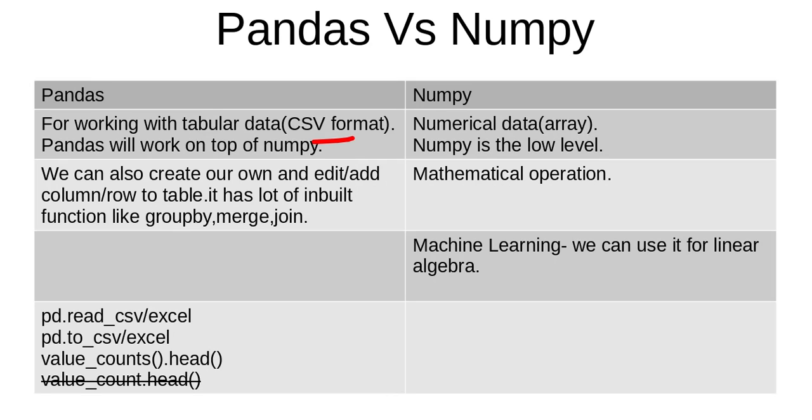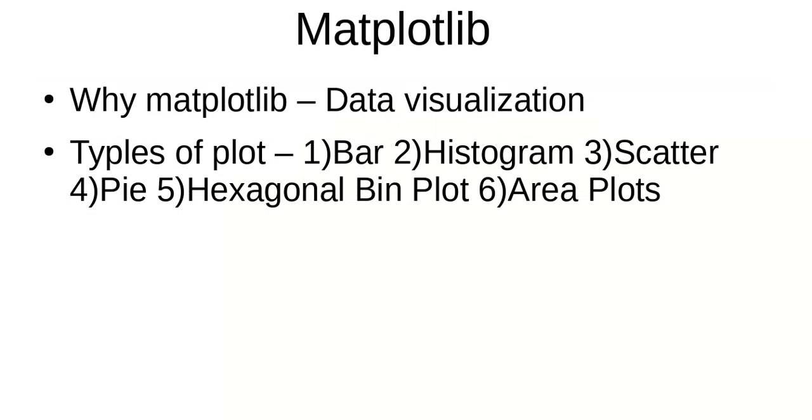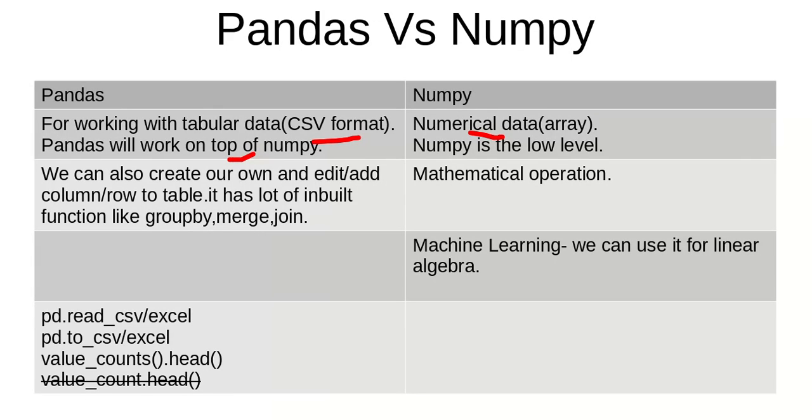We can also create our own table, edit, add a column or row. Once we get it, it also has inbuilt functions like group by, merge and join. It's just a straightforward mathematical operation. It's used for machine learning, and we can use it for machine learning and data analytics.